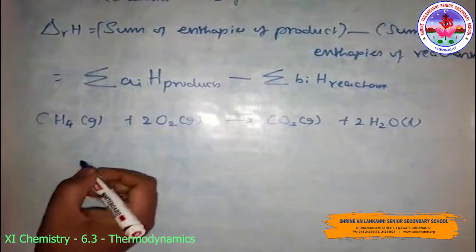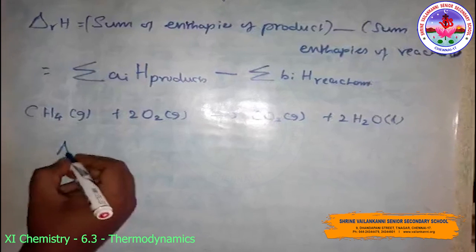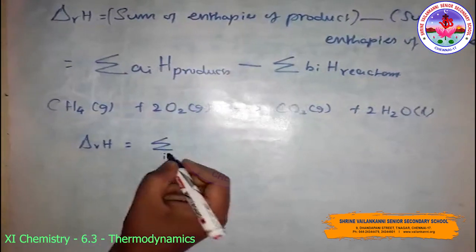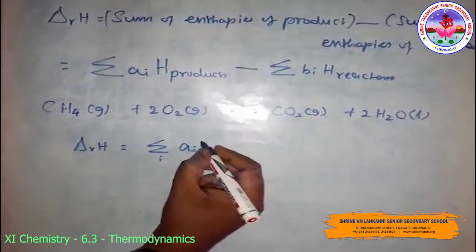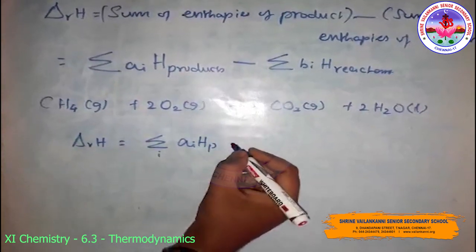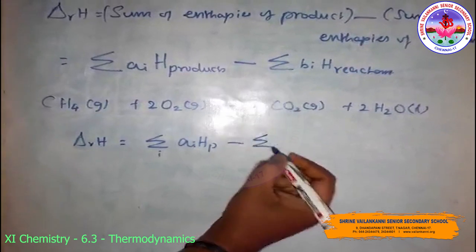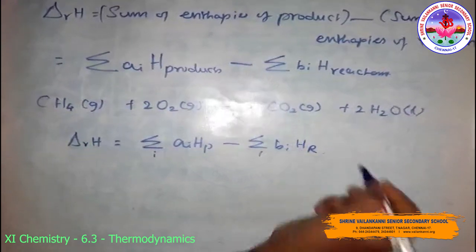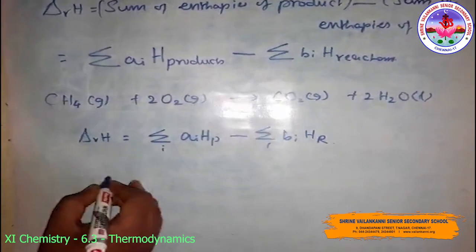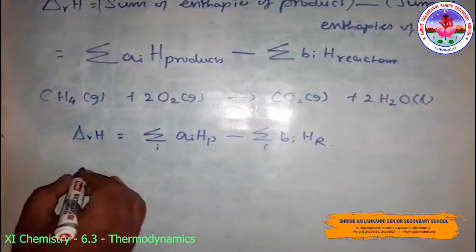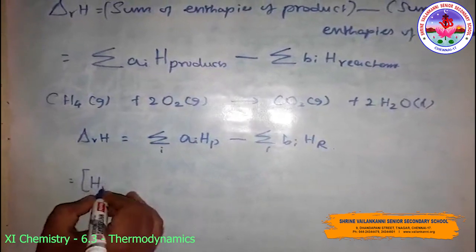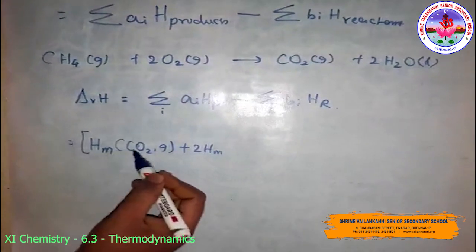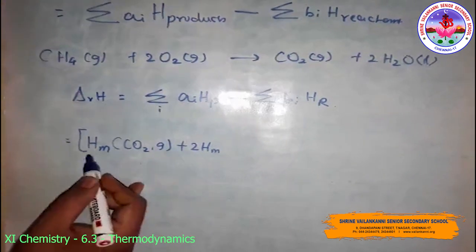Using this formula, the reaction enthalpy is the summation of a_i H of products minus the summation of b_i H of reactants. Here Hm indicates molar enthalpy.